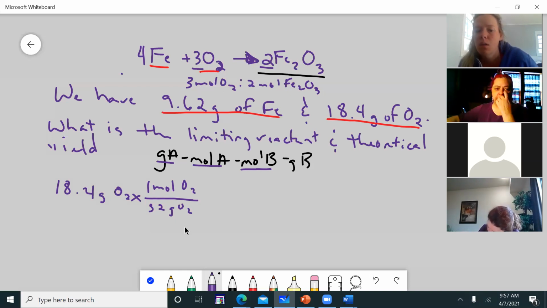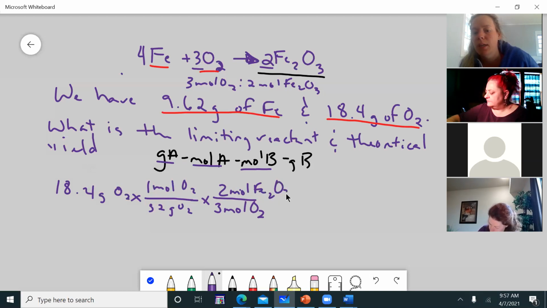Okay. So the next step, once we've gotten into moles, is to use the ratio of the coefficients. So if O2 is on top, let's put that 3 moles of O2 on the bottom, and we'll put the 2 moles of Fe2O3 up top.